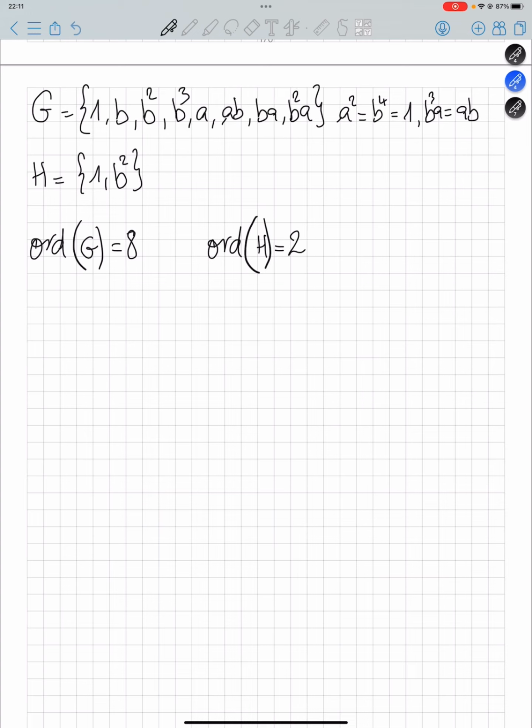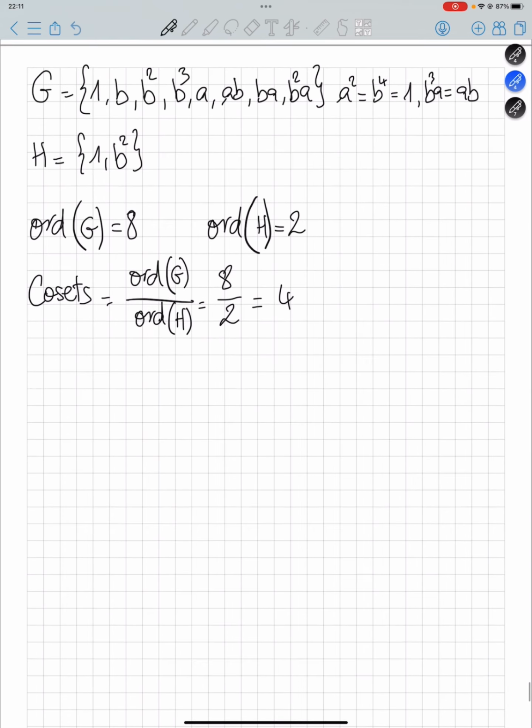So basically the number of cosets we will have is order of G divided by order of H, right? So we have order of G, which is 8, order of H, which is 2. So we will have 4 distinct right or left cosets, right?